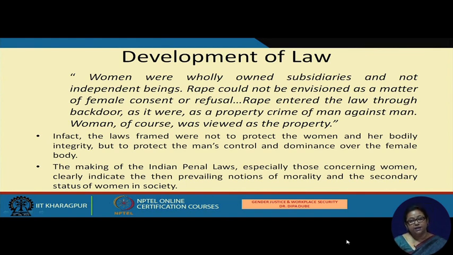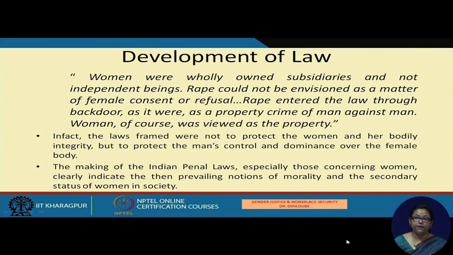Similarly, there are the Information Technology laws of 2000, further amended in 2008, which have taken care of many of the violations which happen in cyberspace, including bullying, defamation, stalking, etc., which take a different color altogether.